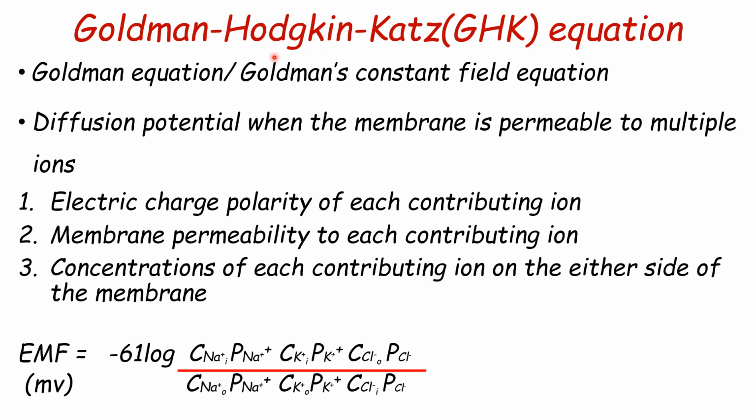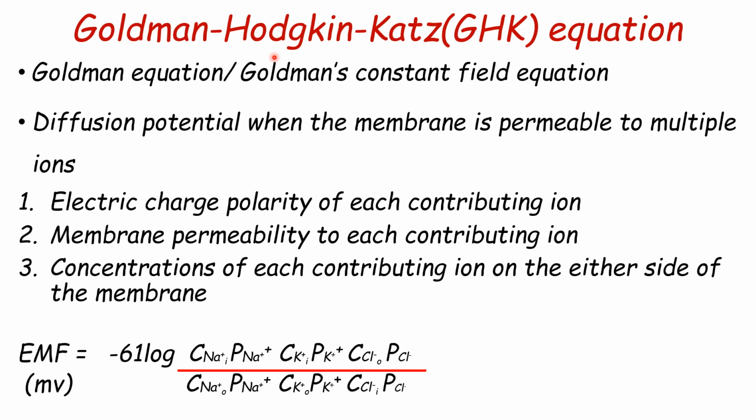Those hypothetical situations were when a cell membrane was permeable to a single ion, but in the body we have multiple ions. The major univalent ions in the body are sodium, potassium and chloride. Sodium and potassium are cations, and the univalent anion is chloride.